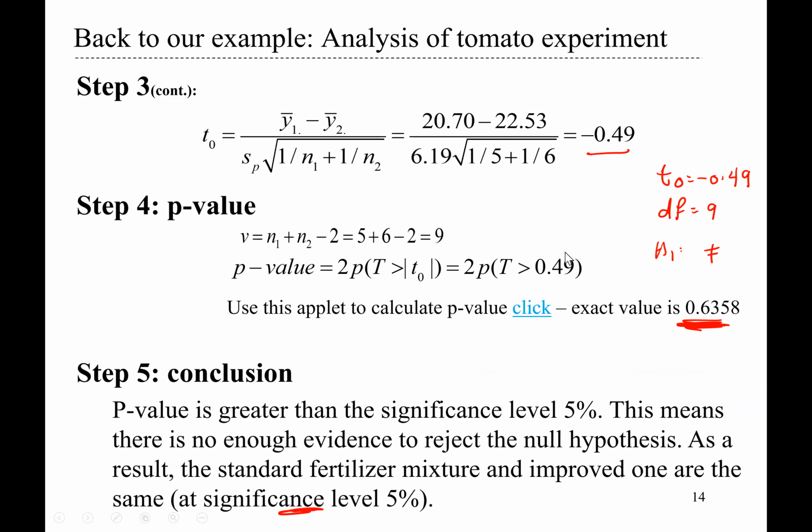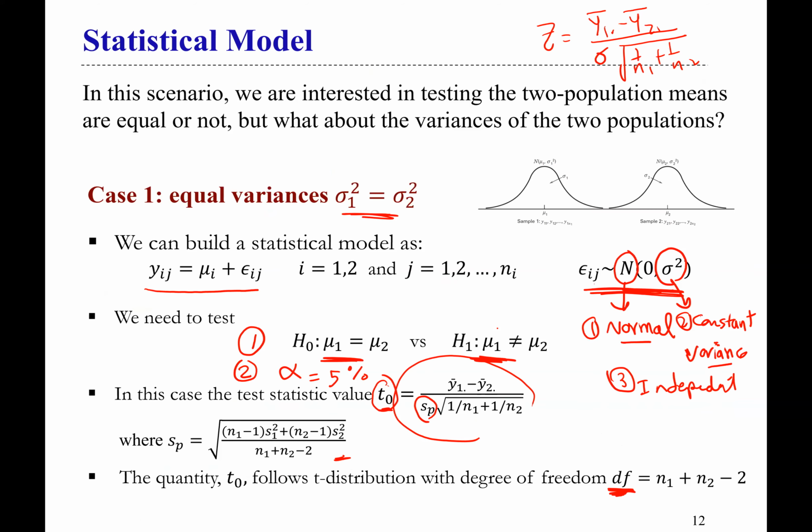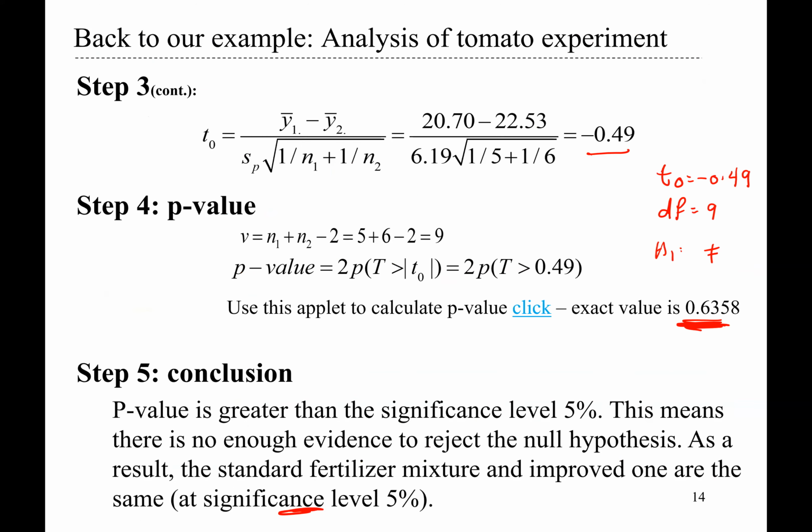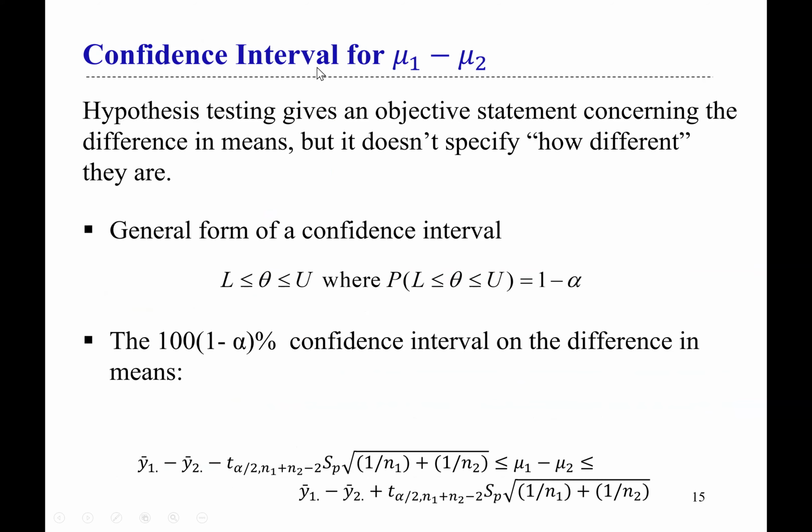We covered the first case, which is sigma 1 square equals sigma 2 square. This is an assumption about the two variances of the two populations or the two treatments we are working with. And then we stopped at the confidence interval for mu1 minus mu2. Sometimes we are not interested in mu1 equal mu2 against mu1 greater than or less than or not equal to mu2.